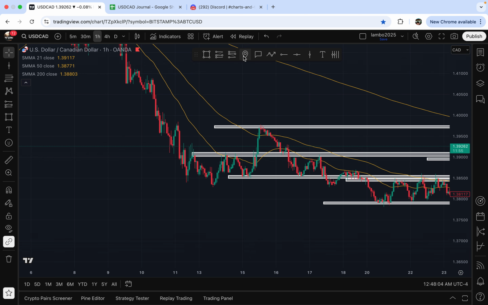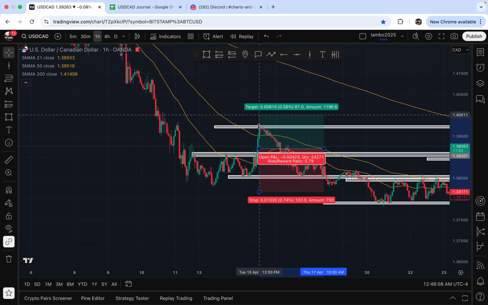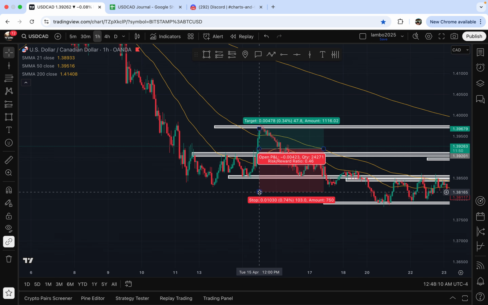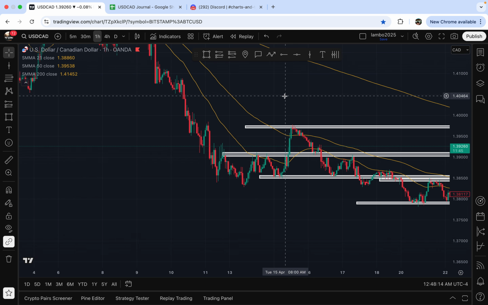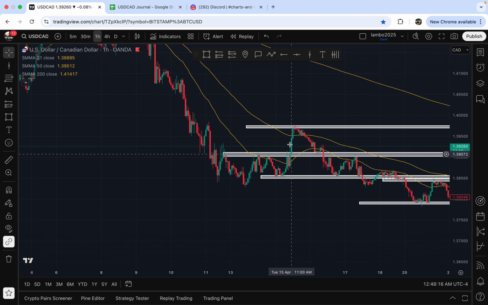And if we were to take this trade here, it could have been a very, very profitable trade. But this is the reason why we do this. So we broke and closed above it. And usually when we break and close above a level of resistance, price is going to continue up to the next resistance level.